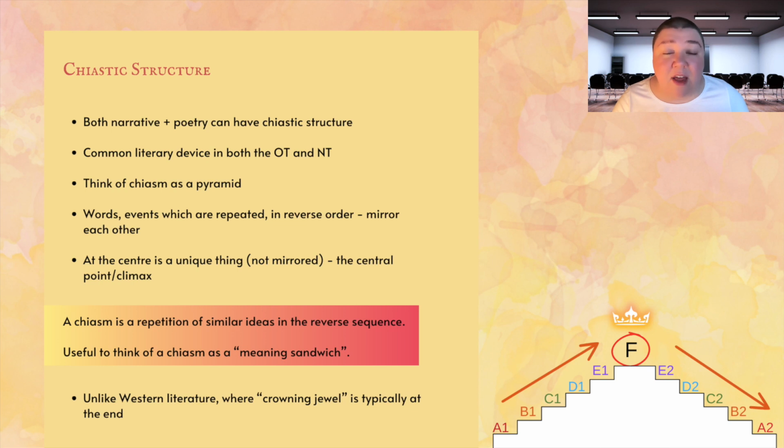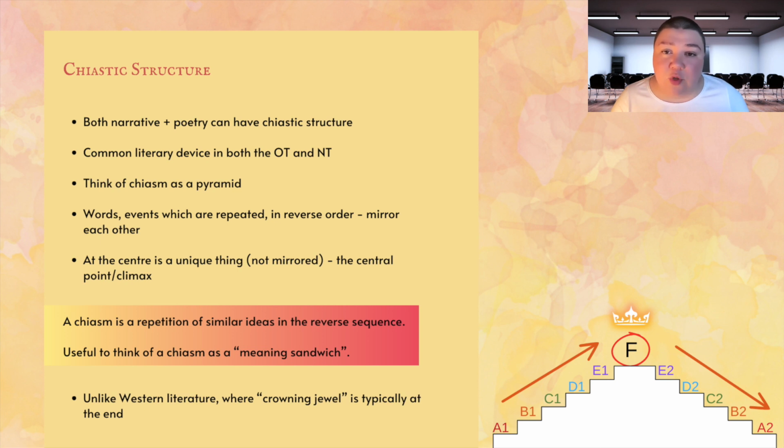And this is done on purpose. That middle part is the central point, the golden nugget, the most important thing that the text is trying to bring attention to, like a sort of pointed arrow. So a chiasm is a repetition of similar ideas in the reverse sequence.